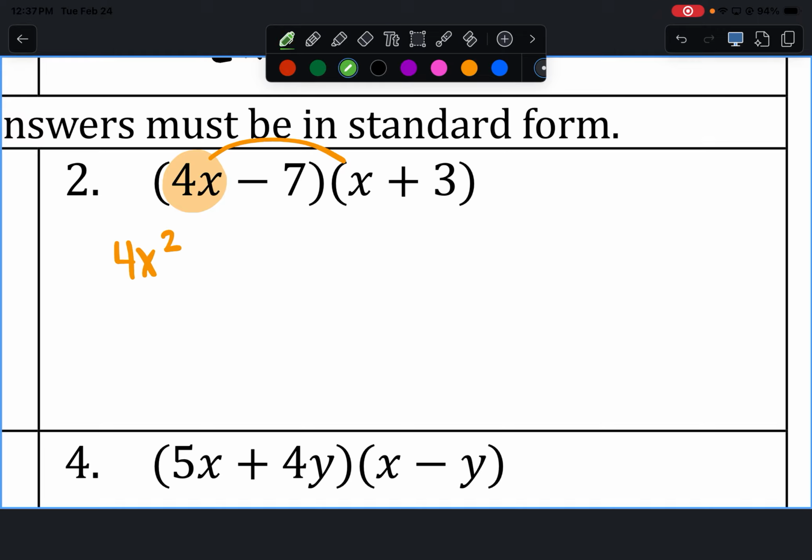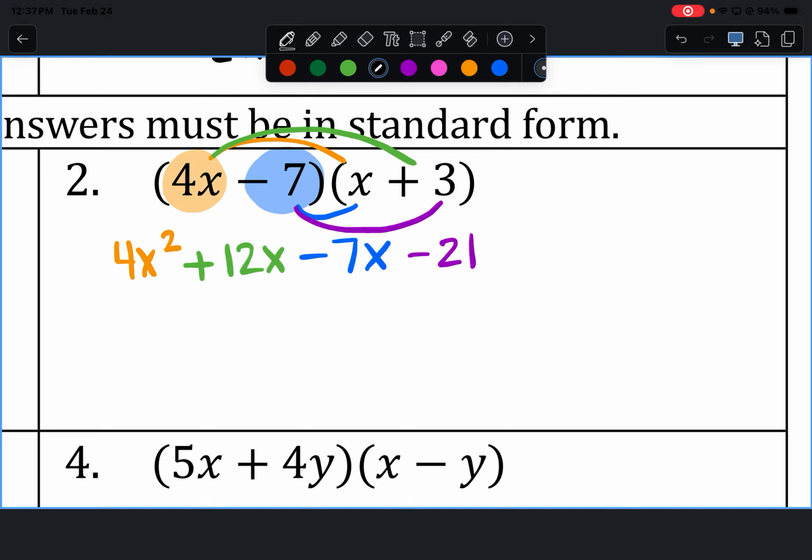What do I distribute to next? What is 4x times 3? Okay, then we're going to look at our negative 7. What do I distribute to first? What is negative 7 times x? Then we need to distribute negative 7 to? What is negative 7 times 3?